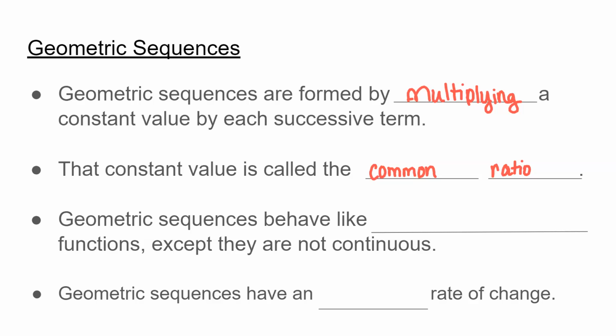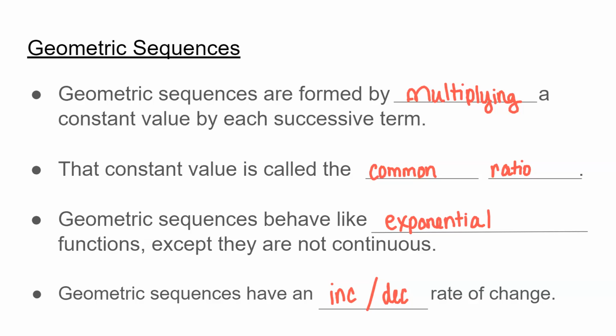Okay, and geometric sequences are going to behave like exponential functions. Except for they are not continuous. They will also just be a string of dots as well. And geometric sequences are going to have either an increasing or decreasing rate of change.